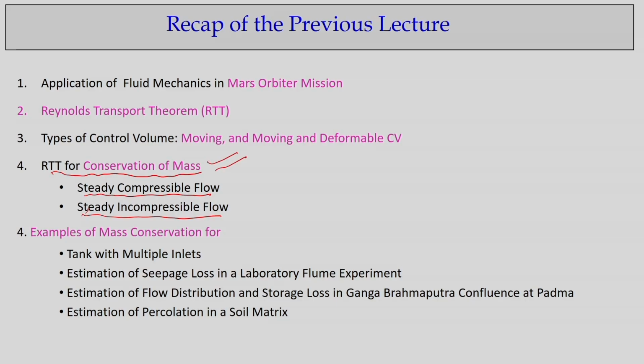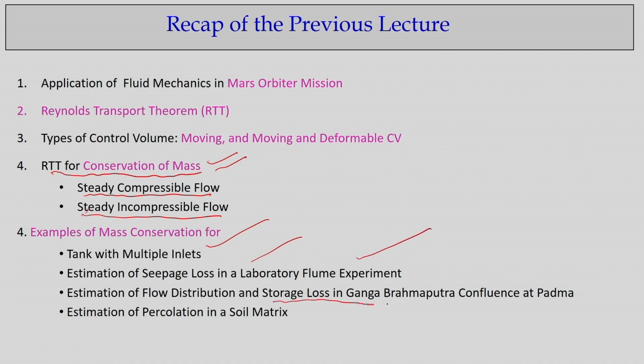When you have a steady incompressible flow, which is what we consider in most flow devices or engineering applications, the problem becomes very simplified when you apply the Reynolds transport theorem. As you remember, we had a lot of examples, starting with tanks with multiple inlets, the estimation of seepage losses in laboratory flumes.